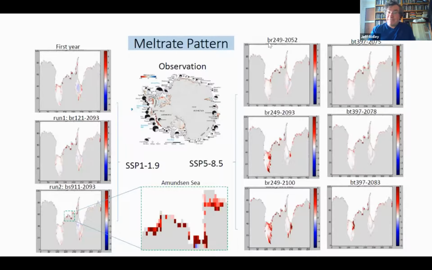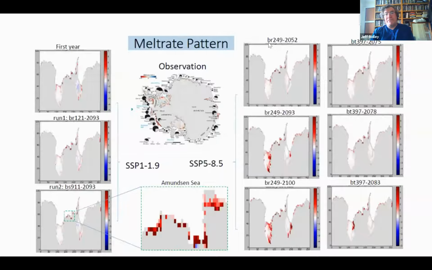We don't think this is a real thing that happens, that the Ross ice shelf will melt so fast here. But it's just an example of model biases that it happens.